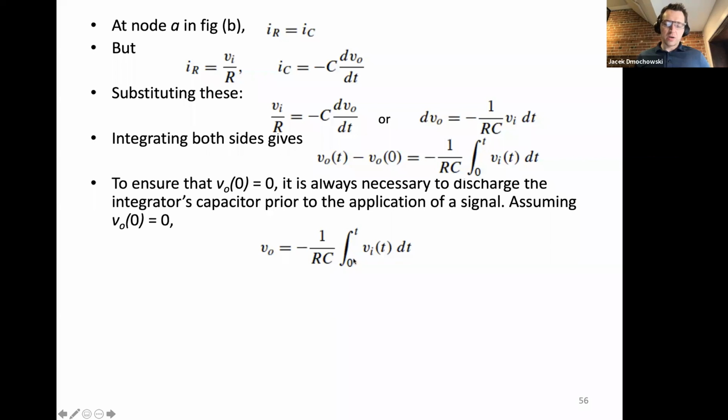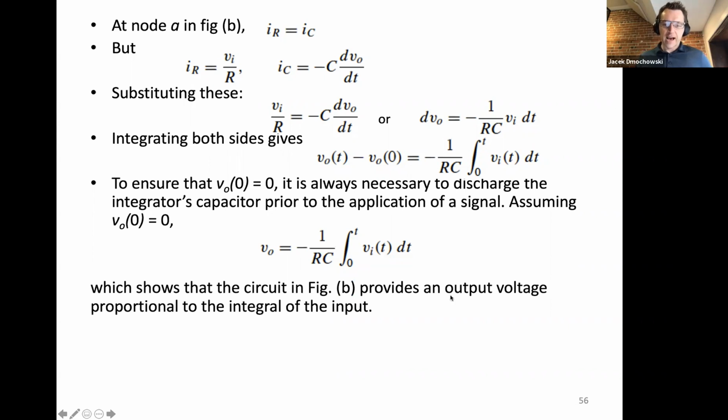So if you want to know the value of your integral without this constant, you can compensate for it. Okay, so the output voltage of the integrator is proportional to the integral of the input voltage, right? You plug in some voltage, and what comes out on the other end is the integral of that voltage. So the output is now a time varying quantity.